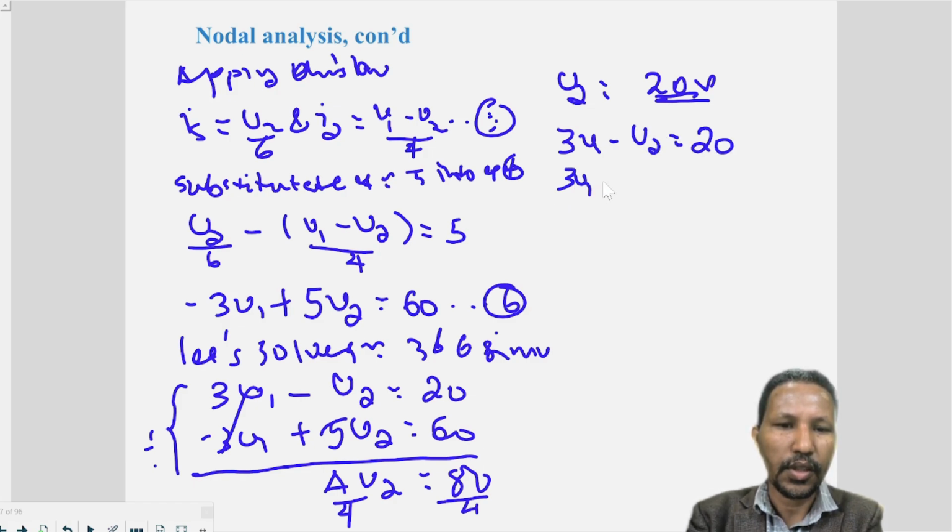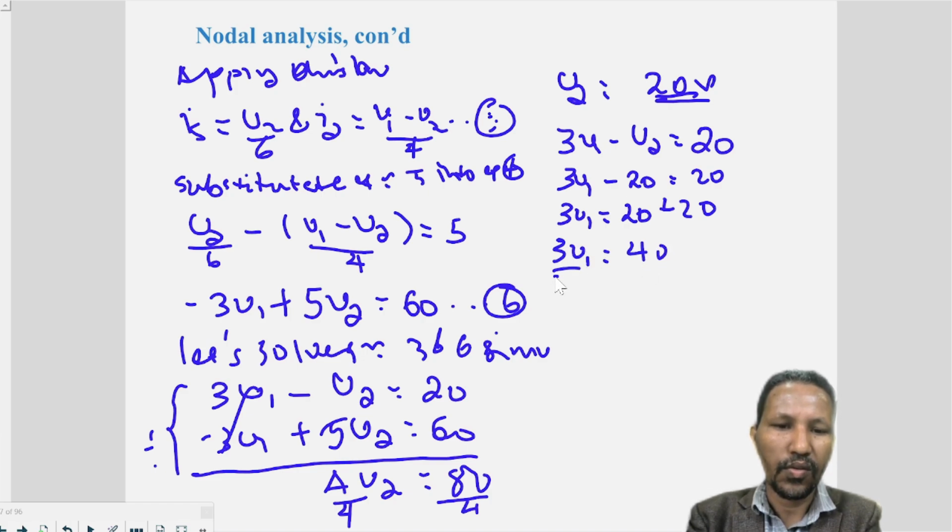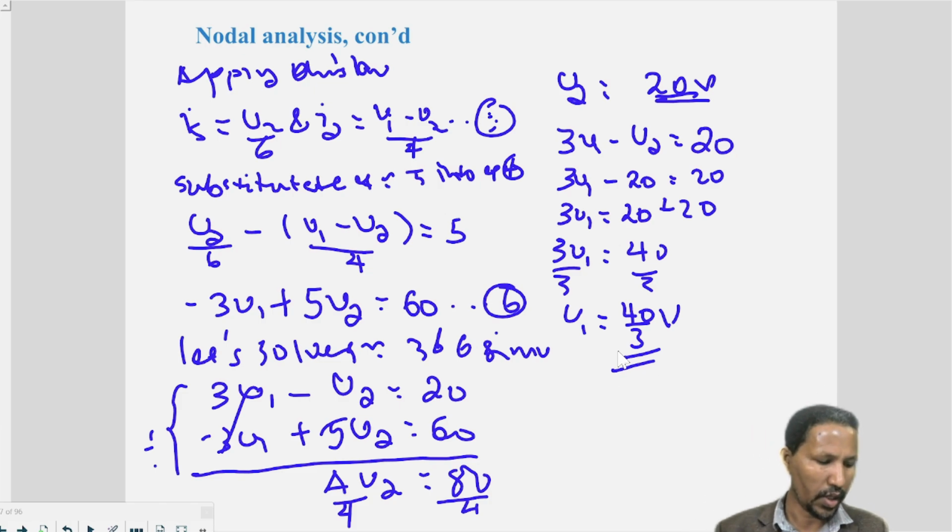So 3V1 minus 20 equals 20, so 3V1 equals 20 plus 20, which is 40. So V1 equals 40 over 3 volt. Using this, we have determined V1 and V2, which are the node voltages.